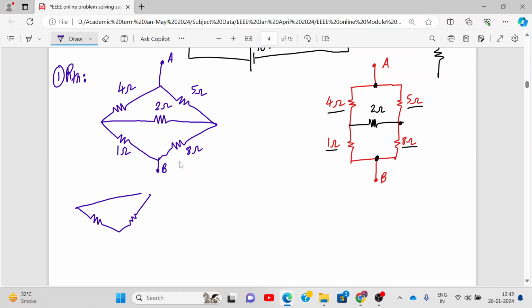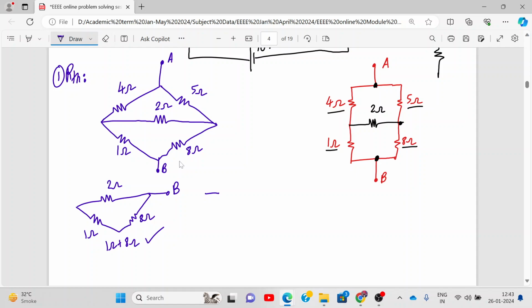So in this diagram, this was the 1 ohm and 8 ohm, right? If point B would have been over here, then 1 ohm plus 8 ohm we can write. But what is happening in our case? Even if this is 2 ohm, still we could have written 1 ohm parallel to 8 ohm.